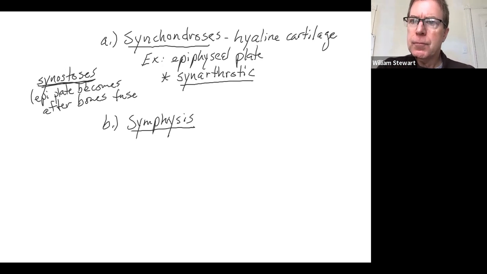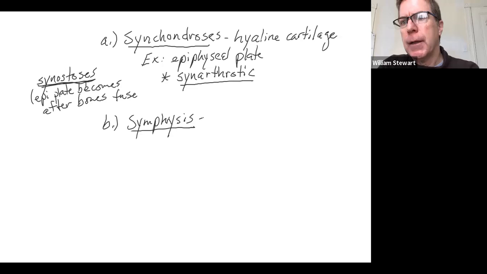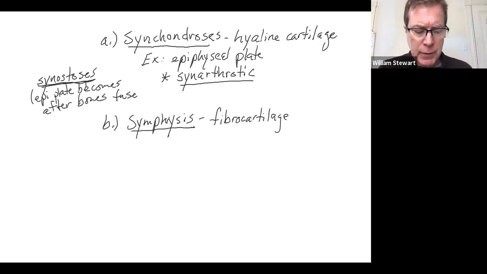In this one, the binding material is fibrocartilage, not hyaline cartilage. It's sort of why we do all of that tissue business at the beginning of the semester, to hopefully give you an idea of what this material is each time we identify it later.